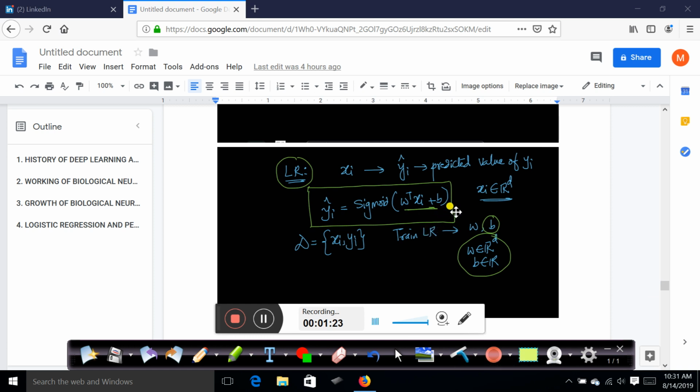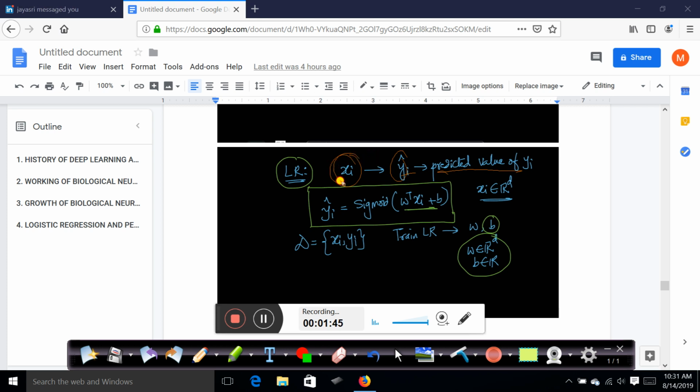So guys, in logistic regression, the scenario was that we will have our xi, and we will predict yi hat. What is yi hat? It is the predicted value of yi. What was the problem of logistic regression?